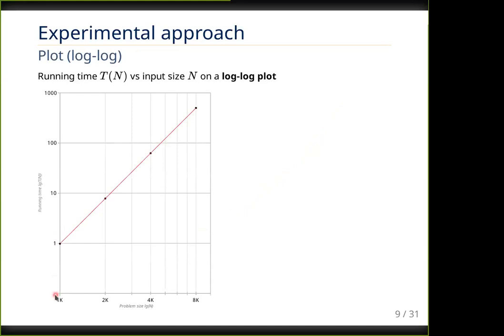I haven't changed any of the numbers. I still have 1,000, 2,000, 4,000, 8,000, and I still have 1 second, 8 seconds, 60 seconds, and 500 seconds. My data points are still the same.